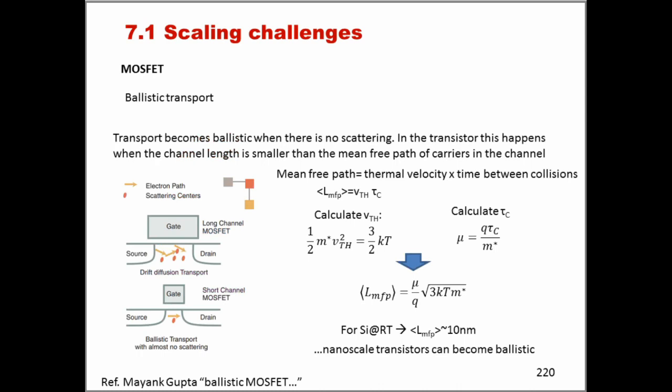Okay, ballistic transport. We've mentioned ballistic transport some time ago, and we've already said that in the bulk of a piece of material, normally carriers drift, and they undergo scattering processes.